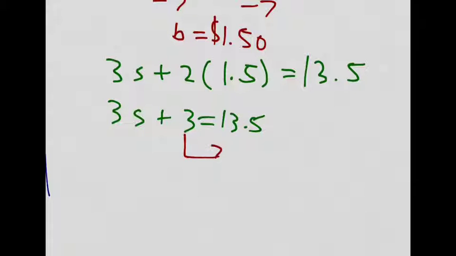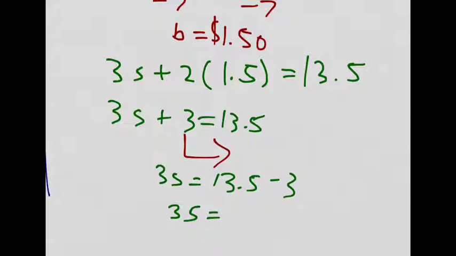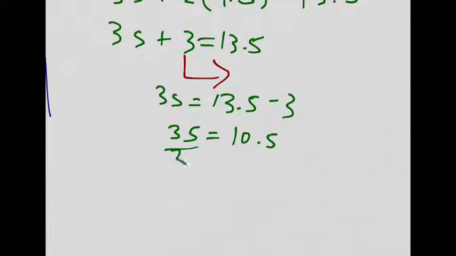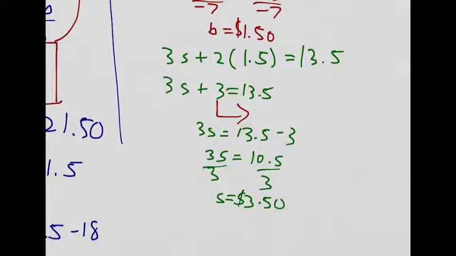Bring that over. So we have 3S equals 13.5 minus 3, and that's 10.5. Divide both sides by 3. S equals 3.50, just like we got last time.